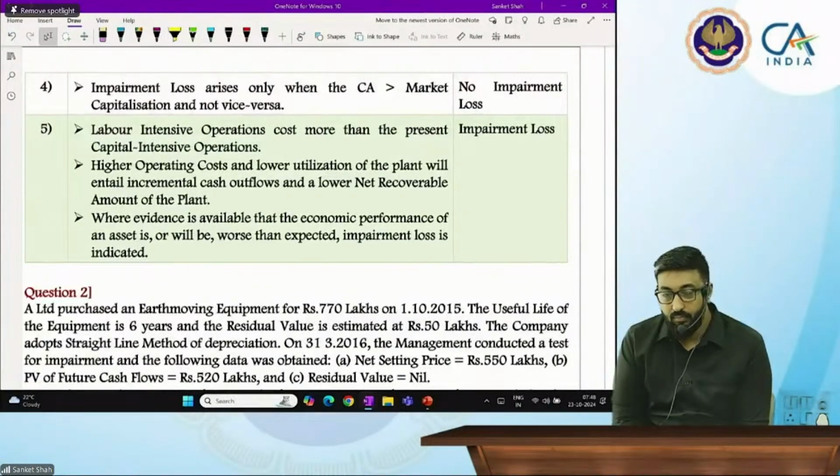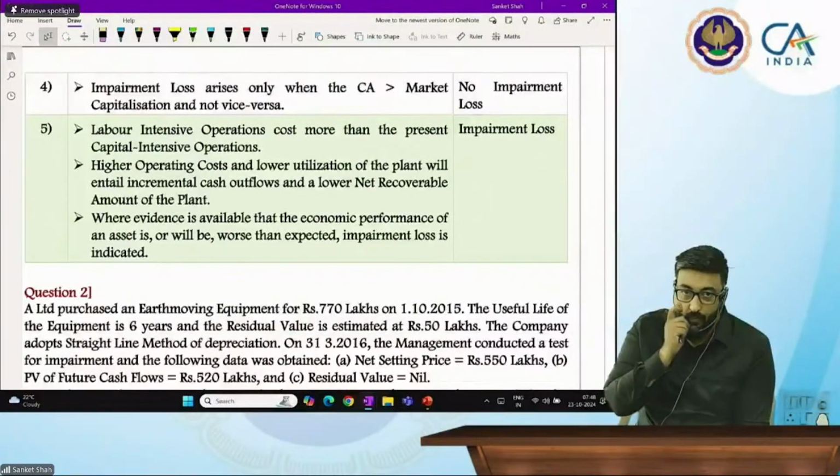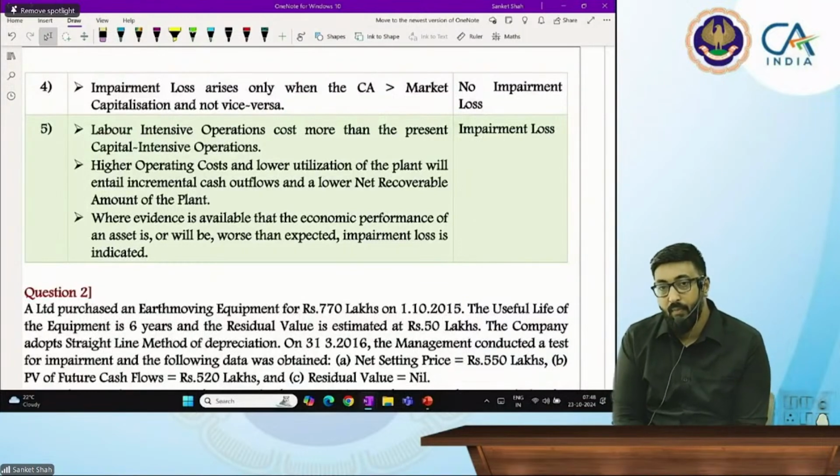Labor intensive operation costs more than the present capital intensive operation. Higher operating costs and lower utilization of the plant will entail incremental cash outflow and a lower net recoverable amount of the plant. Where evidence is available that the economic performance of an asset is or will be worse than expected, impairment loss is indicated.